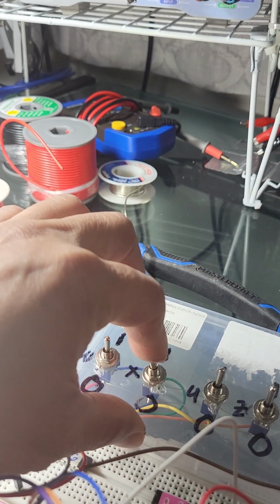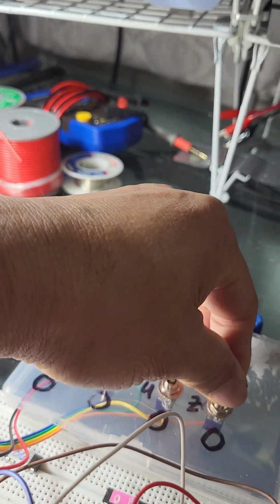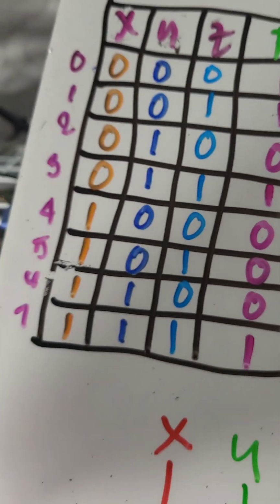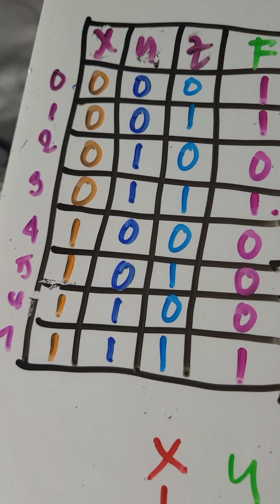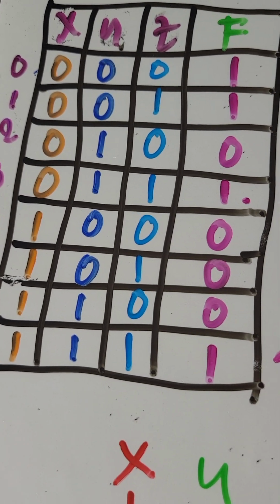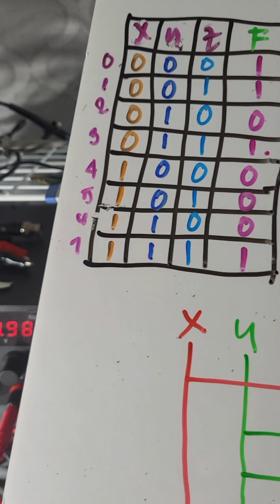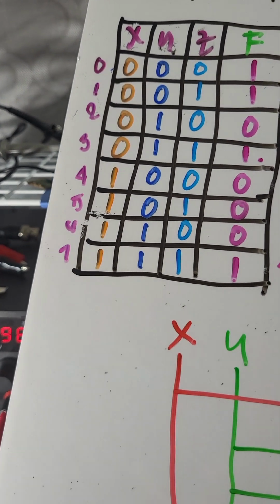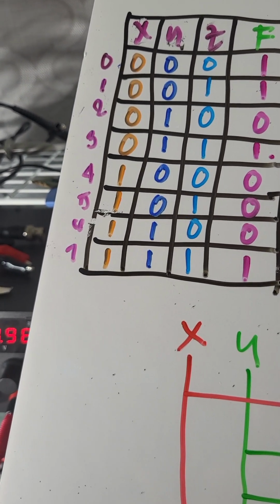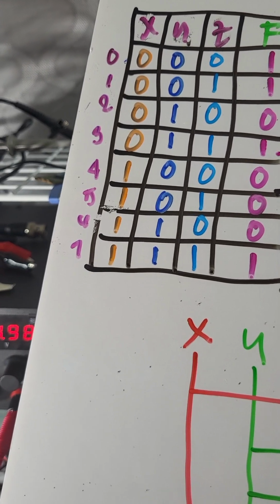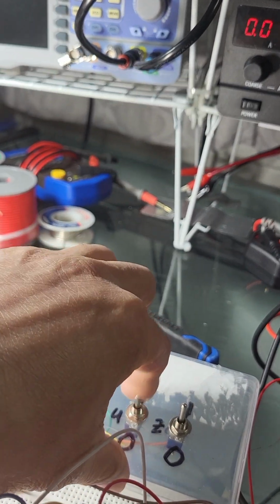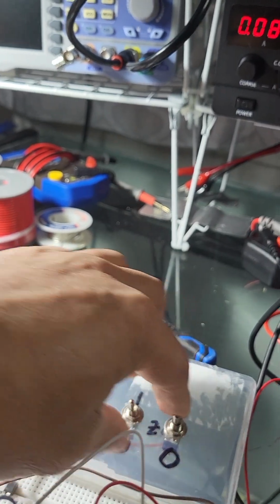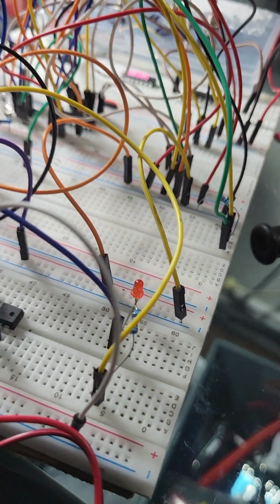So 0, 1, 1, number 3, output 1. Number 4, 1, 0, 0, must be 0 output. So X is 1, Y is 0, Z is 0. The output is off. Output is 0.